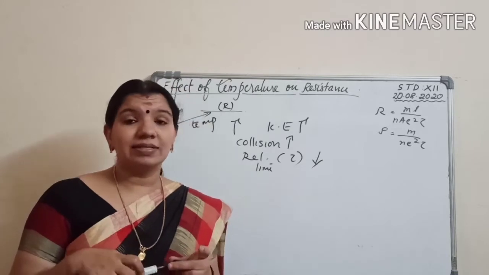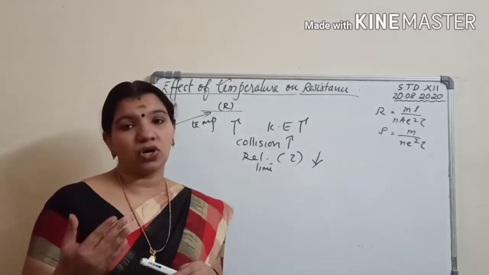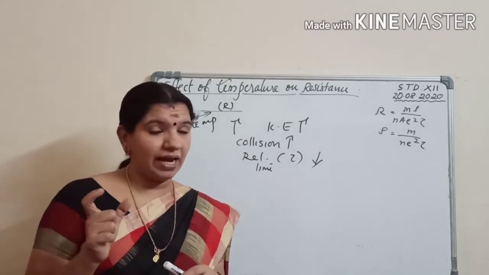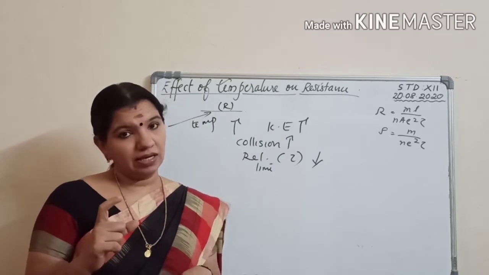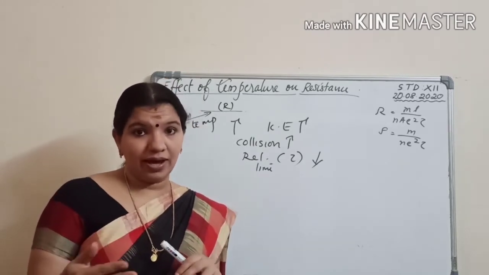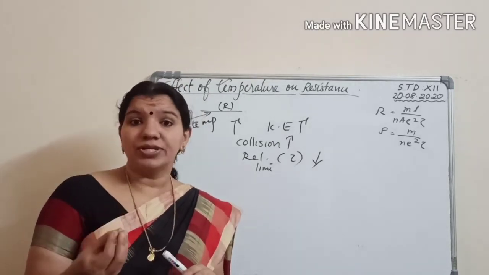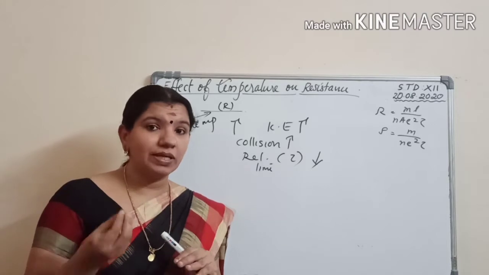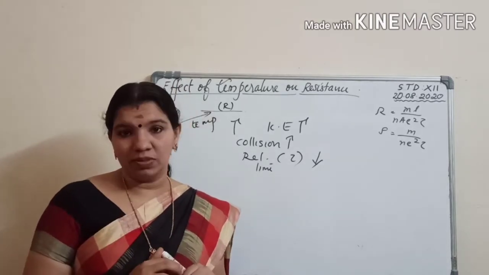So resistance as well as resistivity increases with temperature. Very important. This is asked for 2 mark questions: what is the effect of temperature on resistance? So what will you explain? When the temperature is increased, the kinetic energy is increased. As a result, the electron-ion or electron-atom collision gets increased. When the collision is increased, the time gap between the successive collisions is reduced, which means relaxation time is reduced.